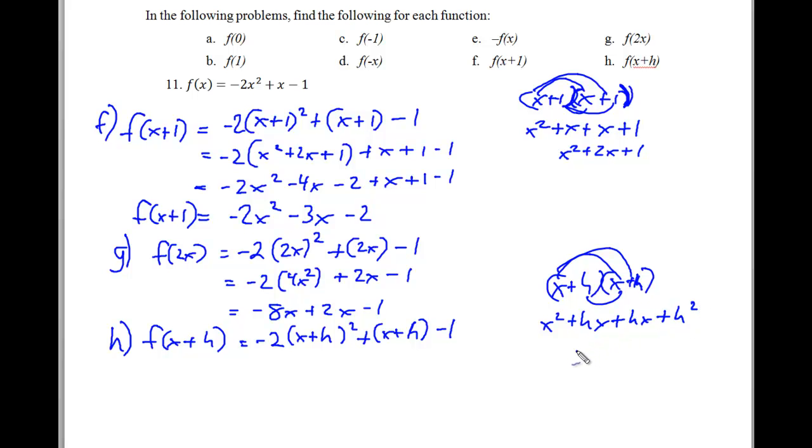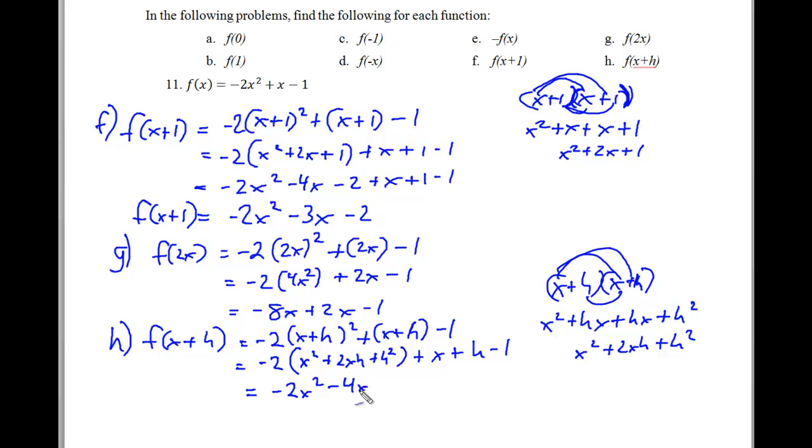So this gives me inside here x squared plus 2xh plus h squared, which means that my negative 2 on the outside of this binomial is going to get multiplied by this trinomial, x squared plus 2xh plus h squared, plus x plus h, since there's nothing to do inside that parenthesis, minus 1. Distribute the negative 2, so negative 2x squared. This is 2xh times negative 2, so negative 4xh.